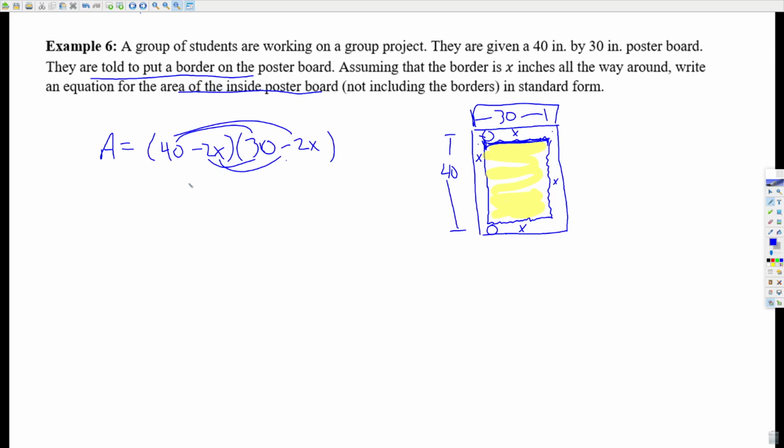So if you multiply 40 and 30, you get 1200, plus multiply 40 times negative 2 will actually give us a negative 80x. Negative 2 and 30 is minus 60x. And negative 2 times negative 2 would be a positive 4x squared.